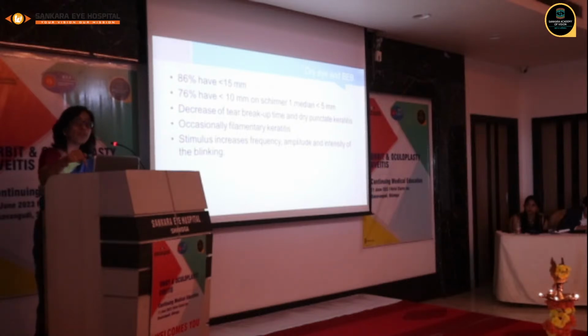Occasionally, there will be frank filamentary keratitis. And any kind of stimulus, the wind, the dust, those things are going to increase the frequency, amplitude, and intensity of the blinking. So even in an essential blepharospasm, if you apply topical proparacaine and make them sit for some time, the blinking decreases. It never goes away fully, the blinking will decrease.